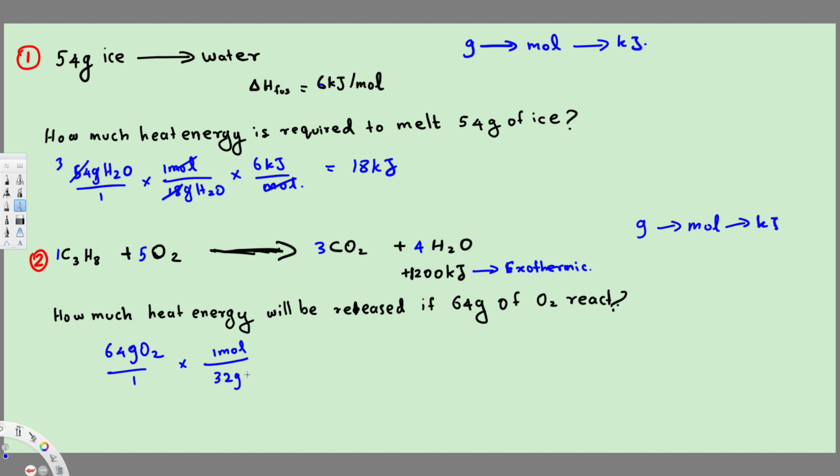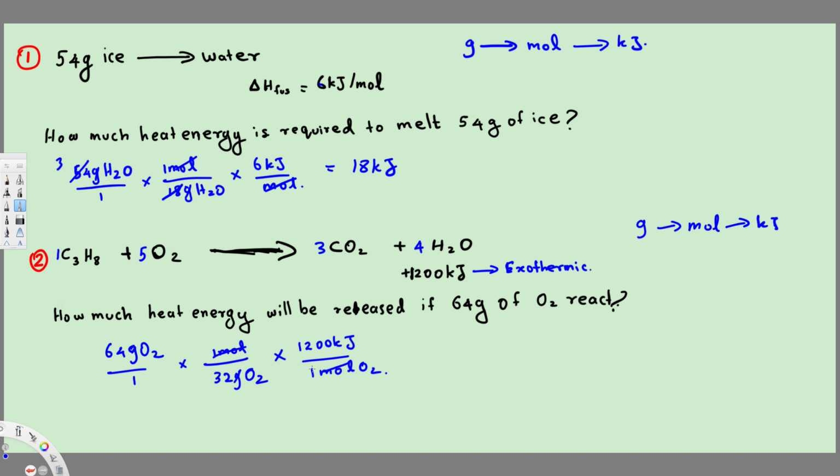So 32 grams of O2 multiplied by 1200 kilojoules per 1 mole of O2. So if you notice, mole cancels, gram cancels, finally we will get the answer in kilojoules. So let's simplify this one.